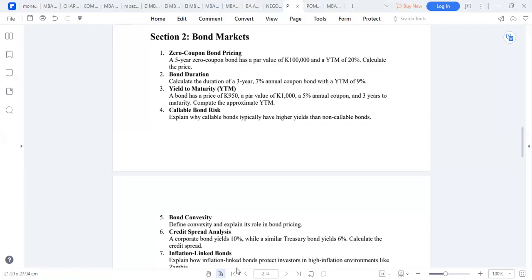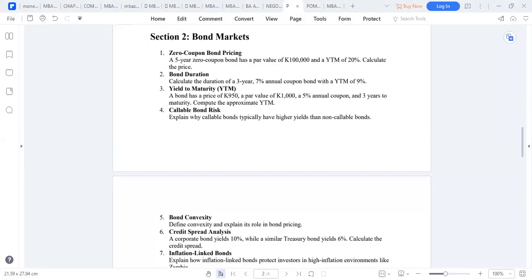So there are different types of bonds that we must understand. There are what we call coupon bonds. There's what we call zero coupon bonds. So each of them have formulas.